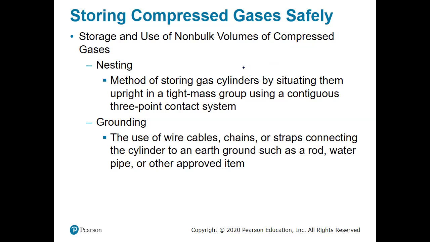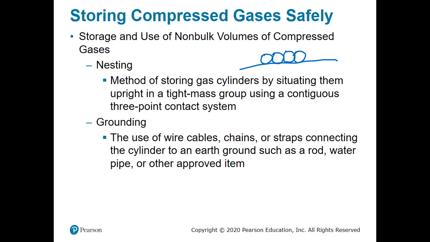And so if you can imagine there's a wall here, we're going to put those cylinders up against the wall. And so the 3-point contact system, 1 point of contact would be with the wall itself. Another point of contact would be the cylinders to each other.